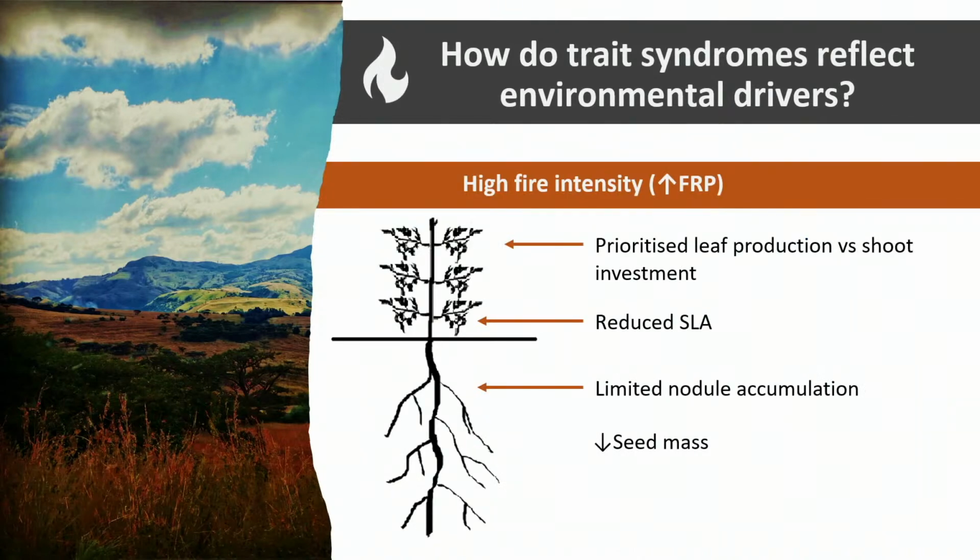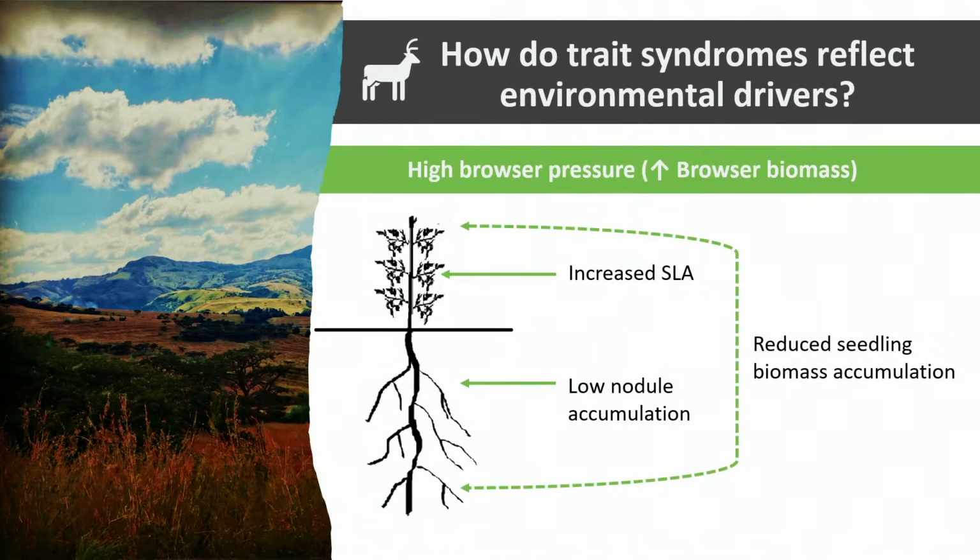When we looked at adaptations to fire, we didn't find a lot of interesting patterns. We found that they generally had low seed mass. They did prioritize leaf production to shoot investment, which is one adaptation to resprouting. But other than that, we found nothing that really seemed to predict the ability, or would explain why they would do well in high fire environments.